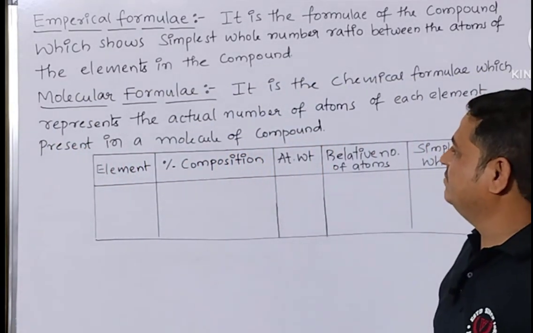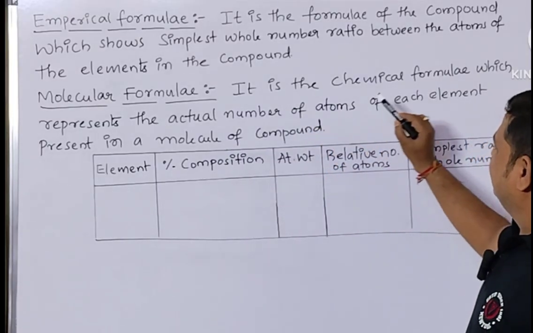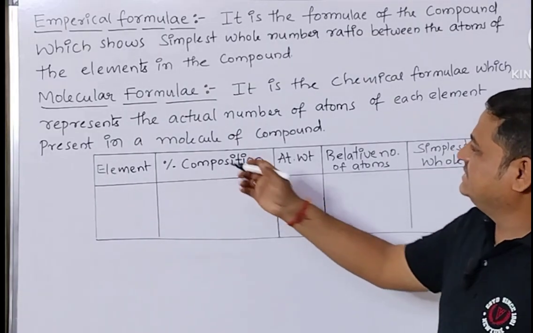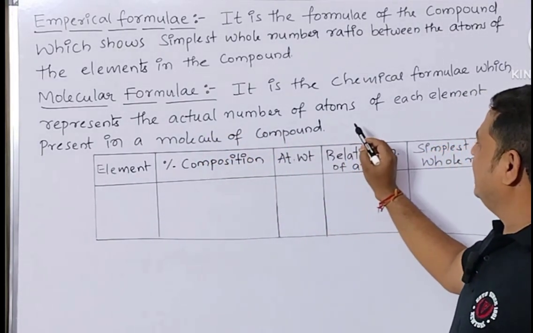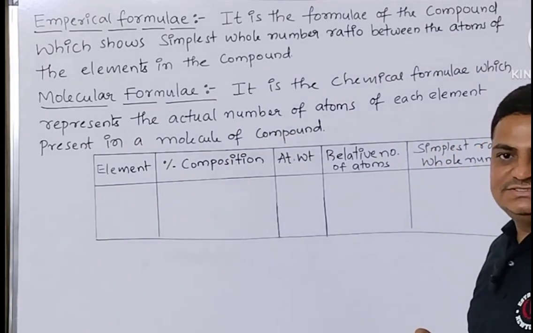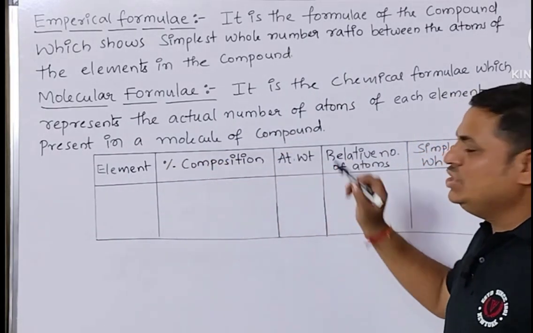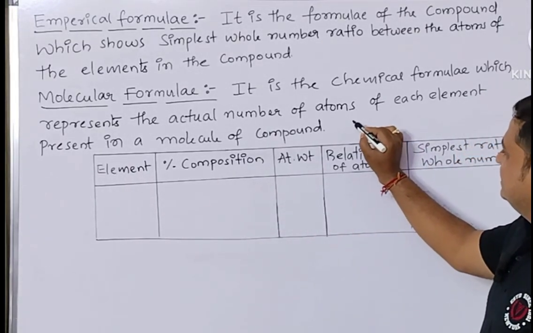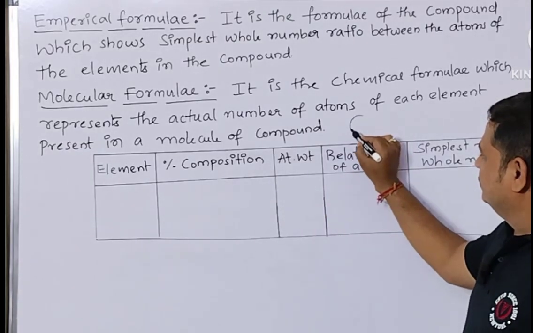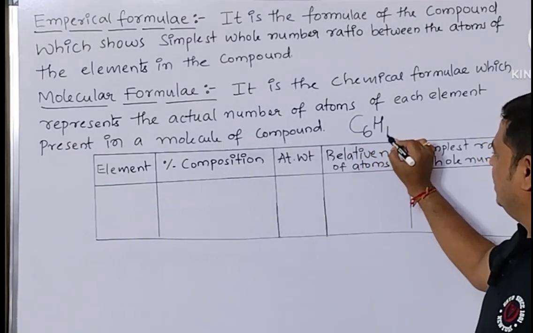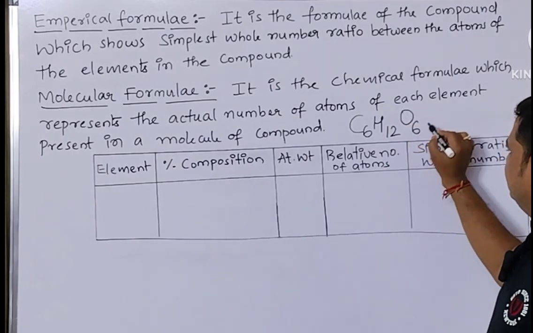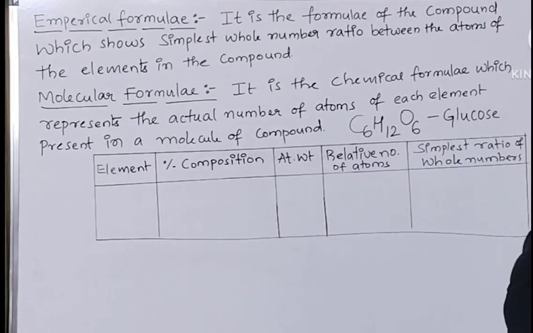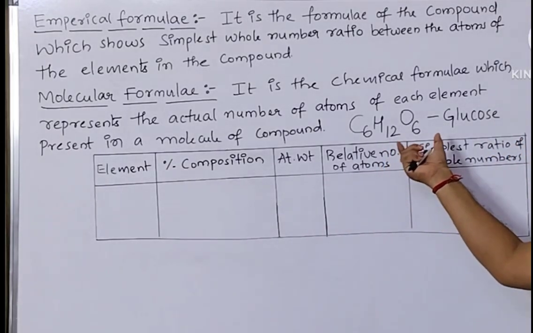A molecular formula is the chemical formula which represents the actual number of atoms of each element present in a molecule of the compound. For example, C6H12O6 is the molecular formula of glucose.